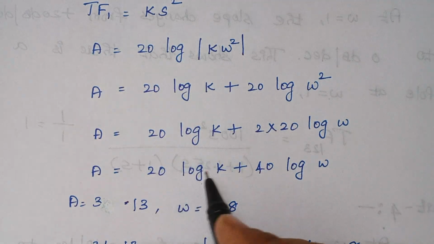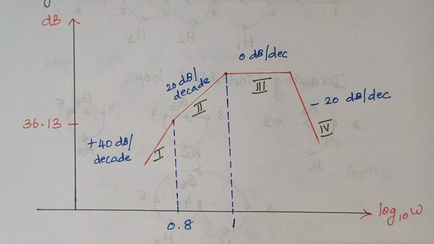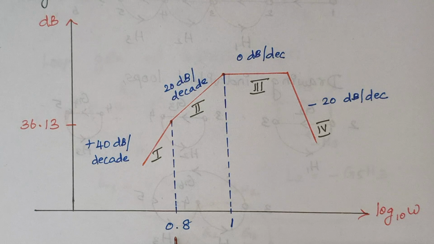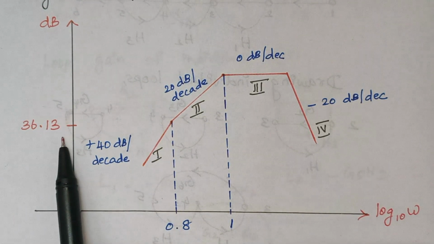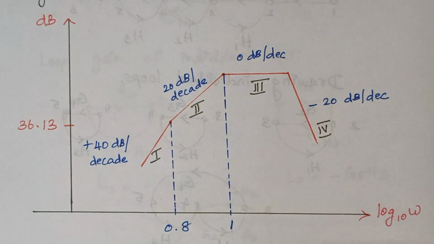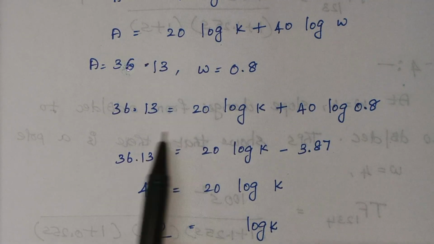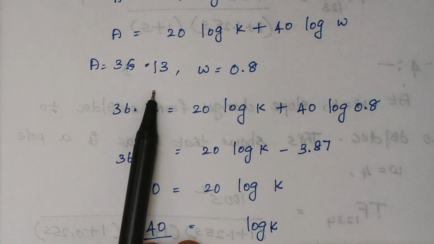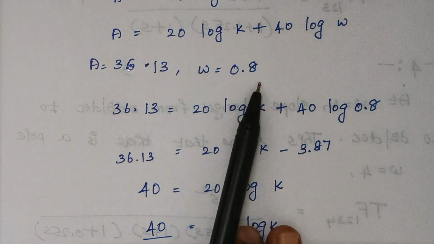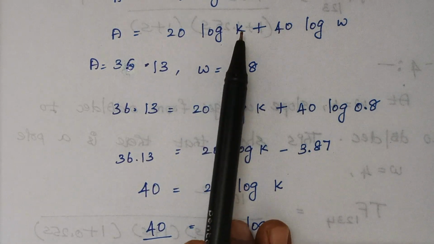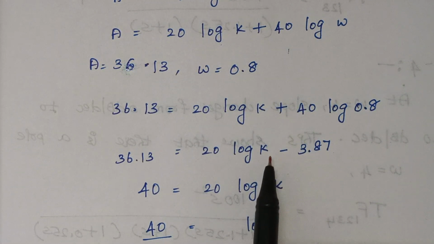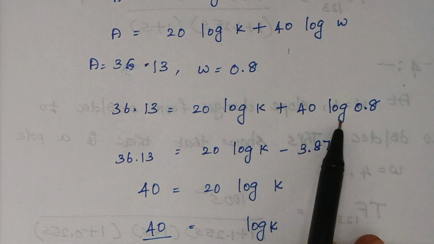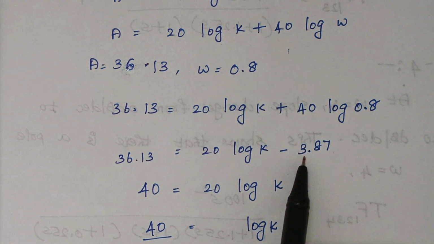Now we will go back to the problem. Here at a frequency of 0.8, the magnitude is 36.13. So just note down the values: magnitude is 36.13 and the frequency is 0.8. Substitute the values in the above expression. 40 log 0.8 gives minus 3.87.